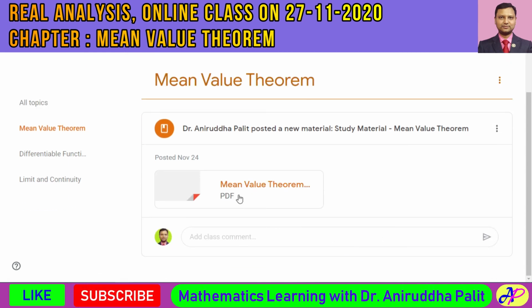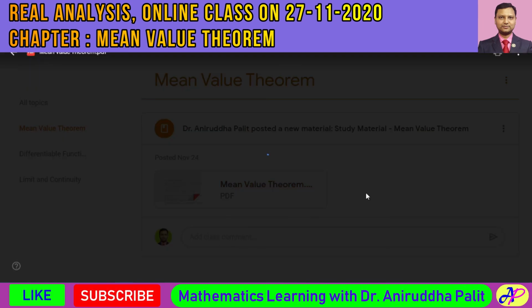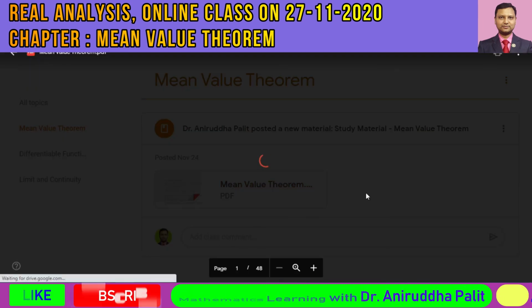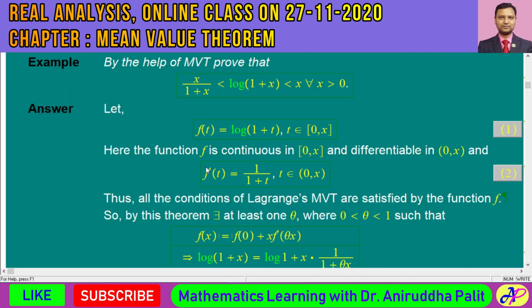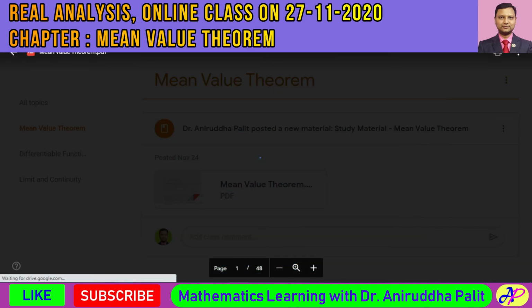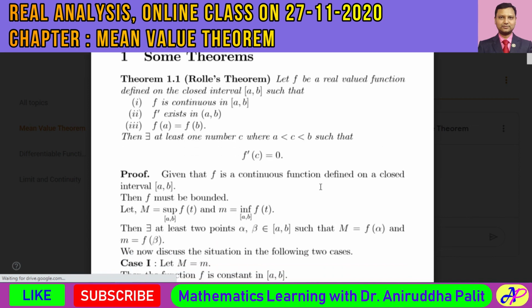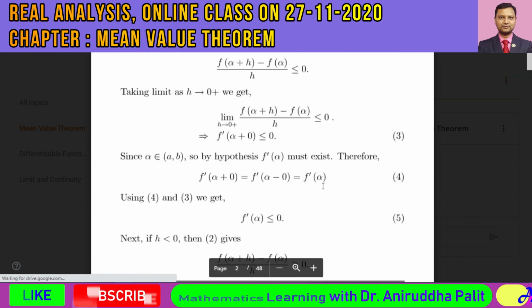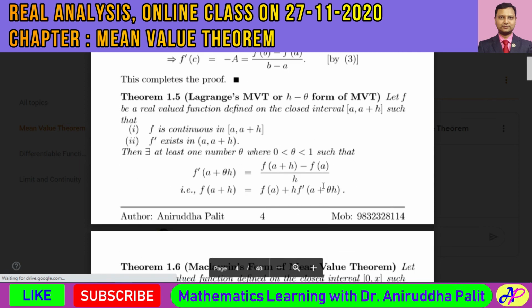Yes, this is provided there. Some typing mistakes might be there. I'm correcting them in this lecture. But if you forget about these typing mistakes, you will get everything in this file. So it is available in this classroom.